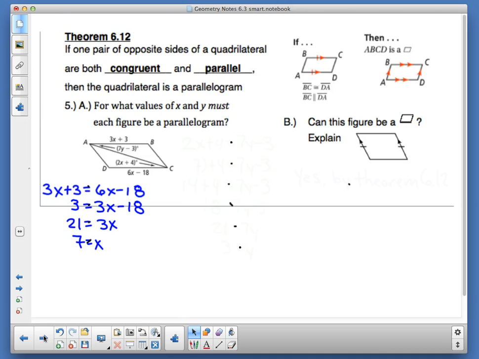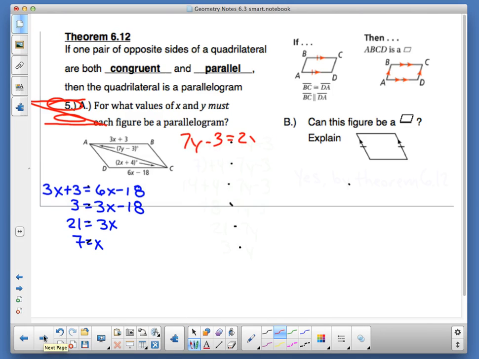But now I'm looking at my angle values. And remember, this is all set up. I've got alternate interior angles here because these bad boys are alternate interior angles. So I know 7y minus 3 is equal to 2x plus 4 because of alternate interiors. And I further know that x is 7.